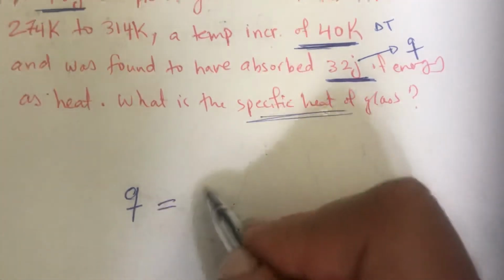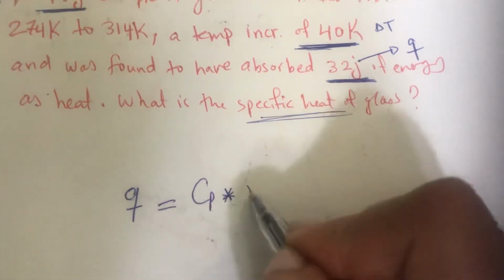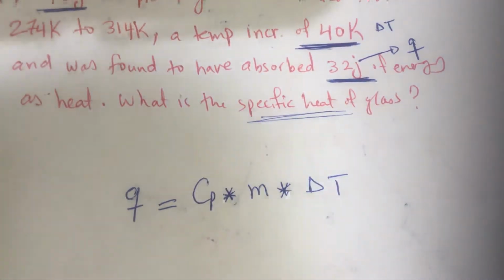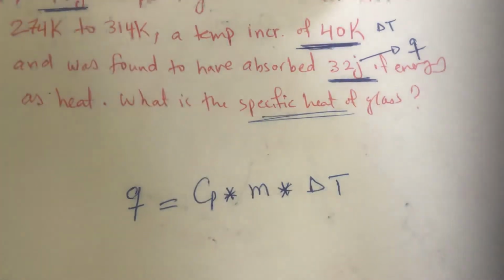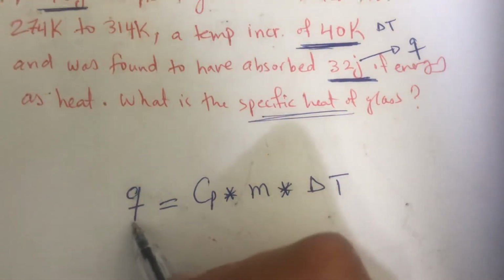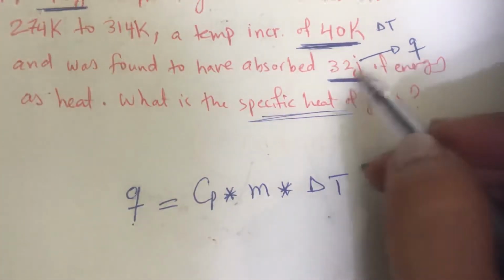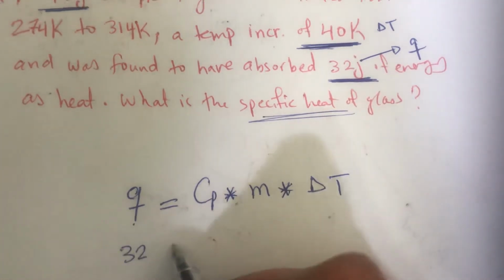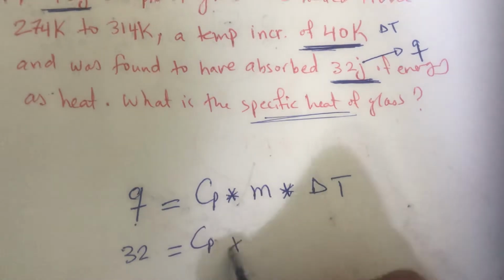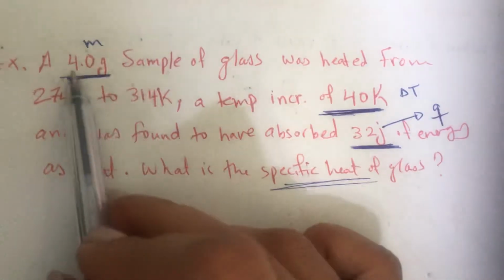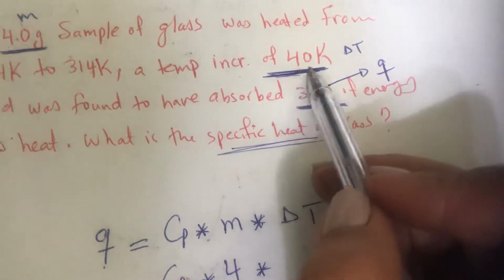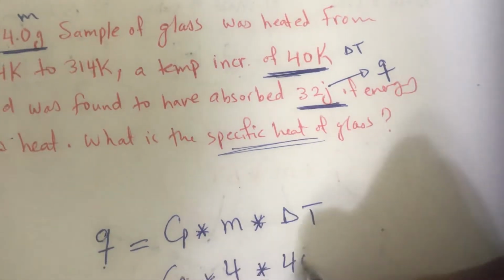What is the rule? Energy as heat equals specific heat times mass times delta T. So energy as heat 32 equals specific heat, which you have to calculate, times mass 4, times delta T 40.